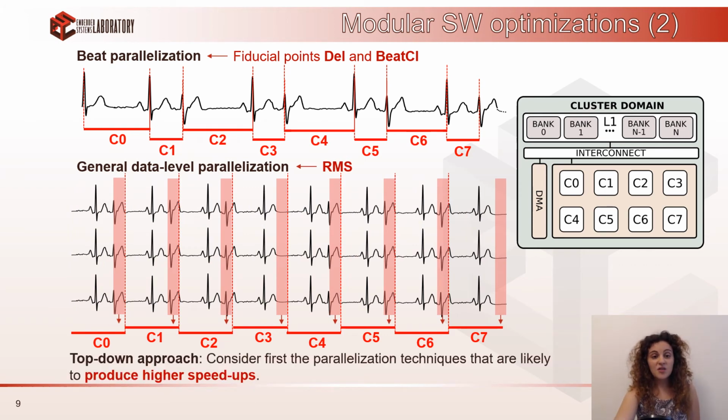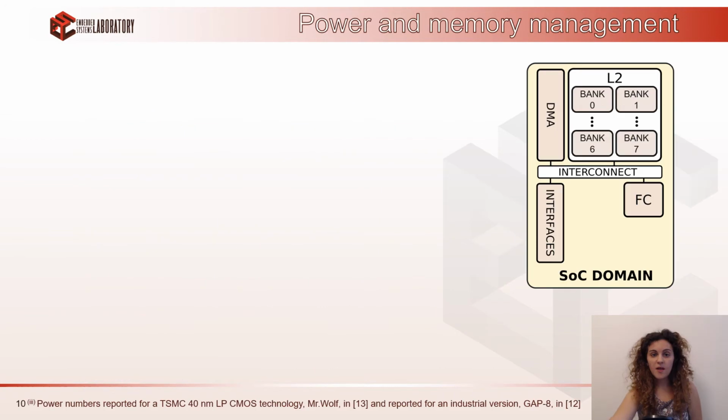The main message of this top-down approach is to consider first the parallelization techniques that are likely to produce higher speedups.